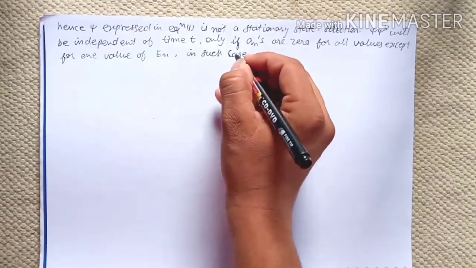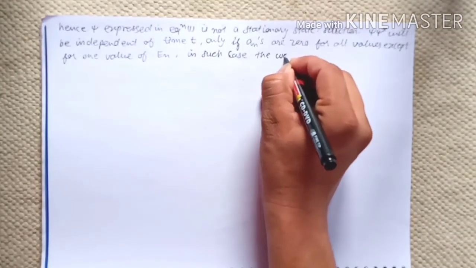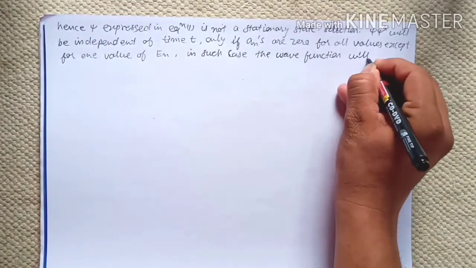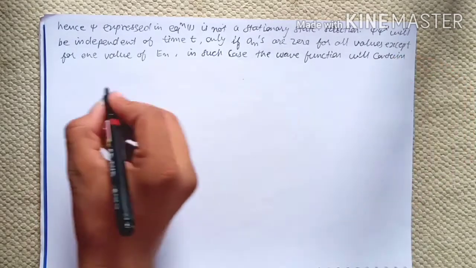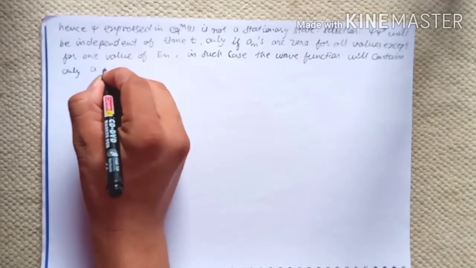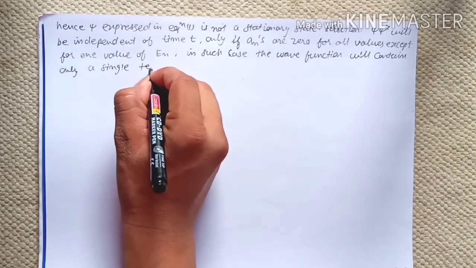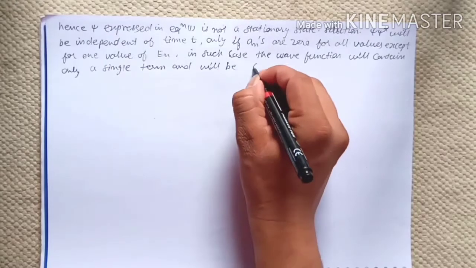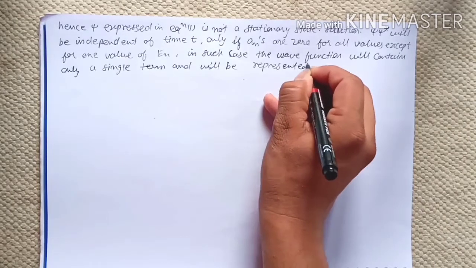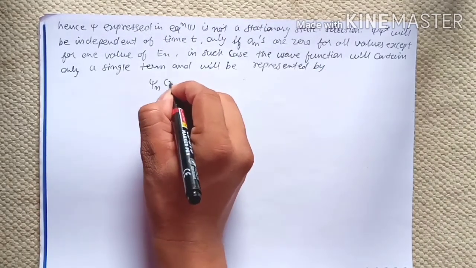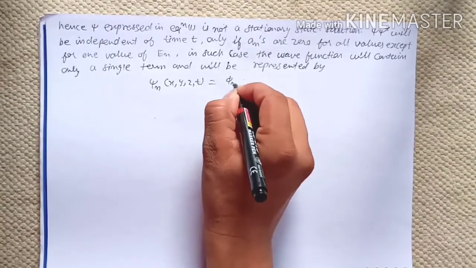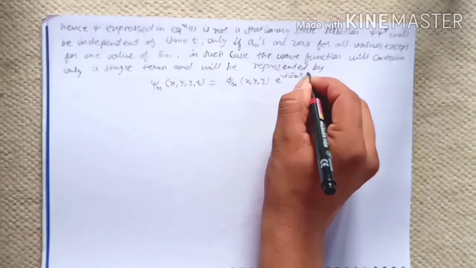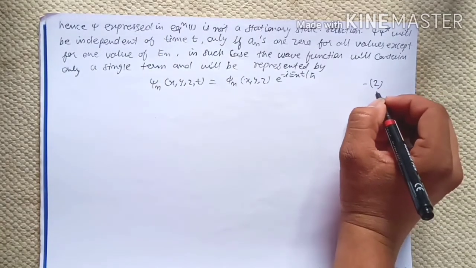In such case, the wave function will contain only a single term and will be represented by psi n function of x y z, t is equal to phi n function of x y z, e raised to power minus iota En t by h cut. Equation 2.